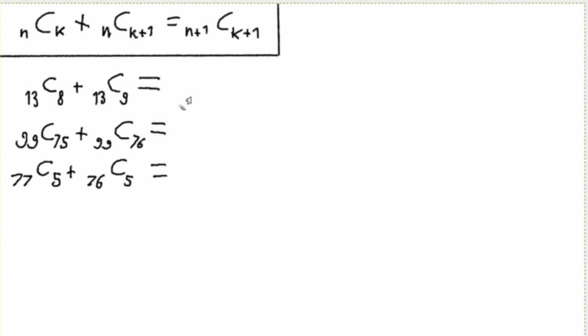To give an example of the identity I just stated, if you have 13 choose 8 plus 13 choose 9, you can just say 14 choose 9. And same here, you get 100 choose 76. And here you get nothing special, because this sum doesn't fit the form of the sum up here.